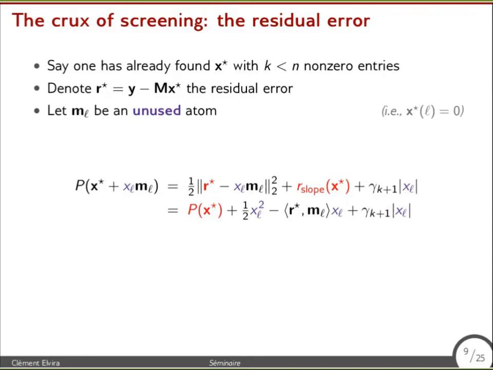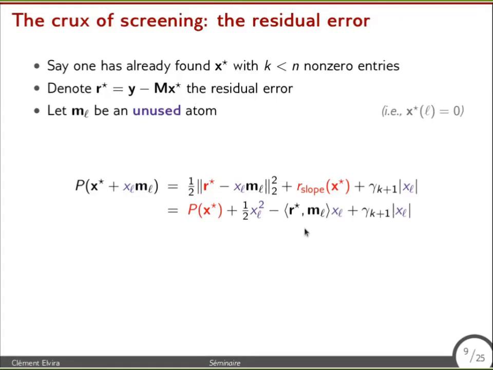Okay. So now, if I want to find an X that is lower than P of X star, I need to make the right-hand side of my second line strictly lower than zero.